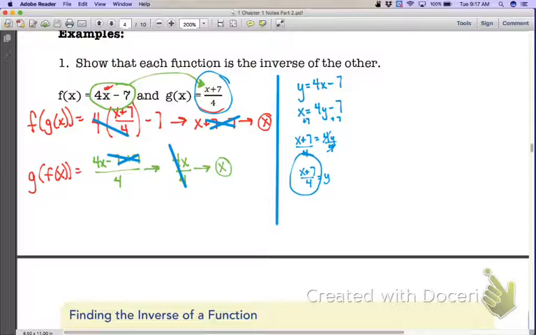Now, I have to make sure that it works both ways. So I need to take the g of x function and do the same thing. I'm going to take g of x, which is y equal to x plus 7 over 4, change the x and the y.